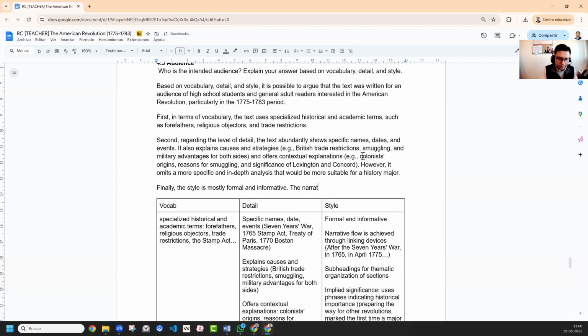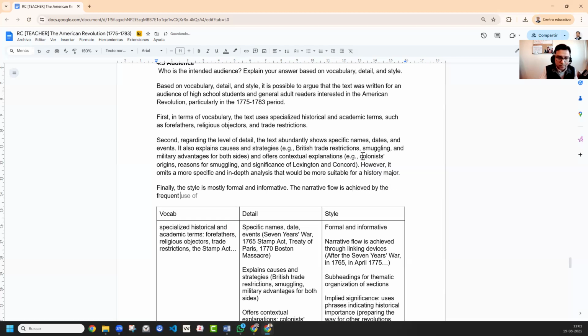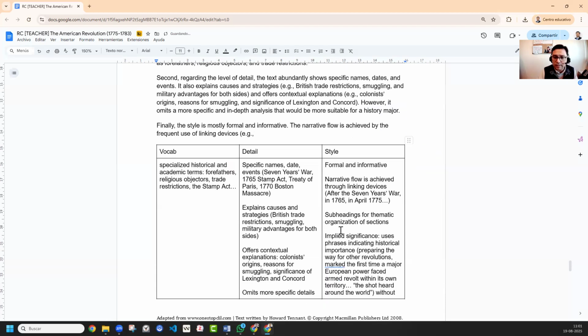The narrative flow is achieved by the frequent use of linking devices. Now, again, we will use an e.g., and in April. Of course, these are just examples.